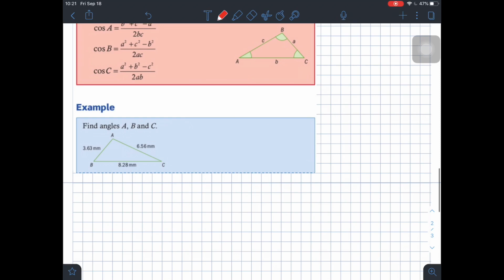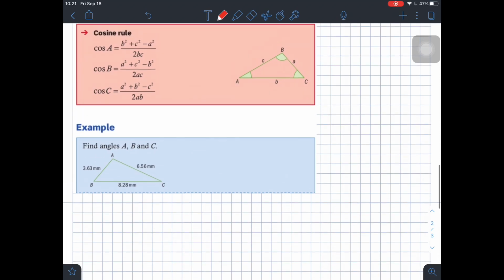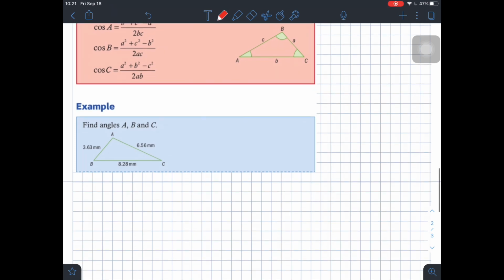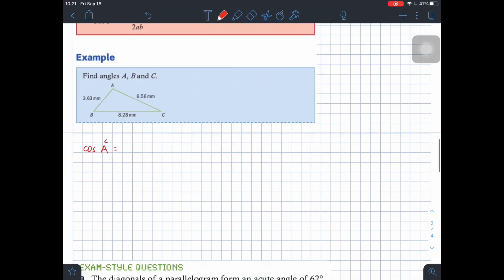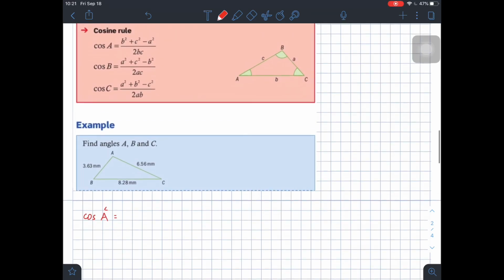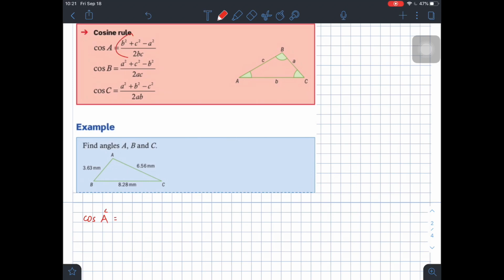And for example, we can start by looking for angle A. So we're going to apply this formula over here. So let me write that down. We're going to say that cosine of angle A is equal to, and I'm going to write the information already. It's B squared plus C squared minus A squared.